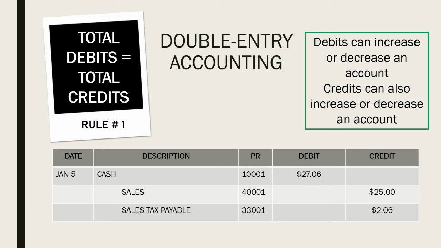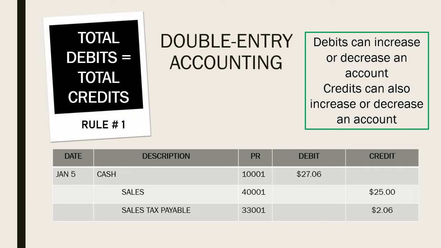So when we take a look at the flow of the transaction, let's notice this. Because I made a $25 sale, and I charged $2.06 for tax, that means I got a grand total in cash of $27.06. And that is where this number one rule must come into play, that your total debits must equal the total number of credits, okay?